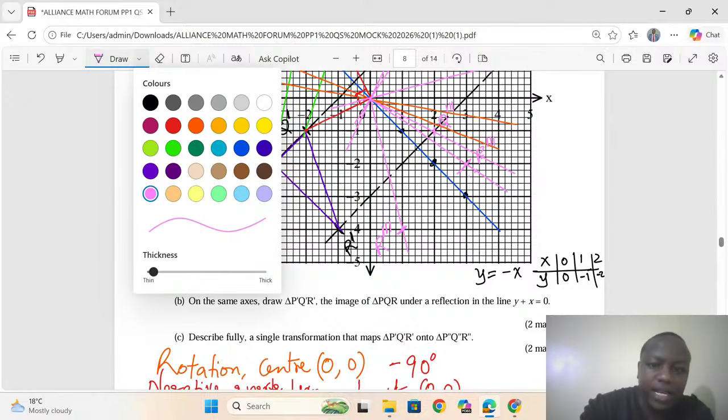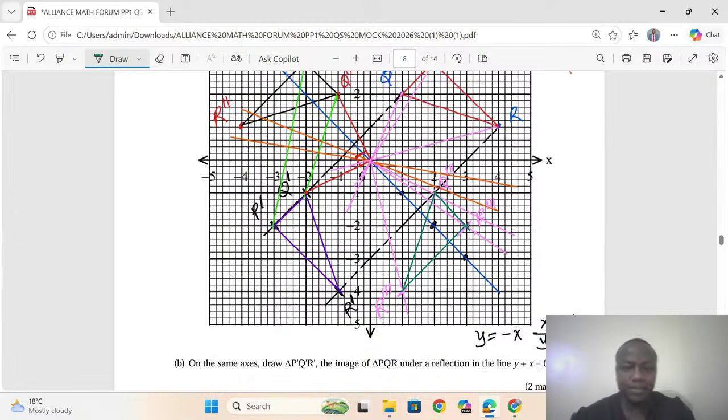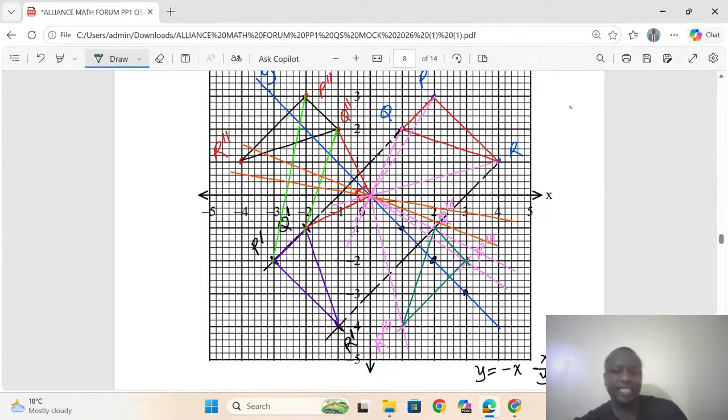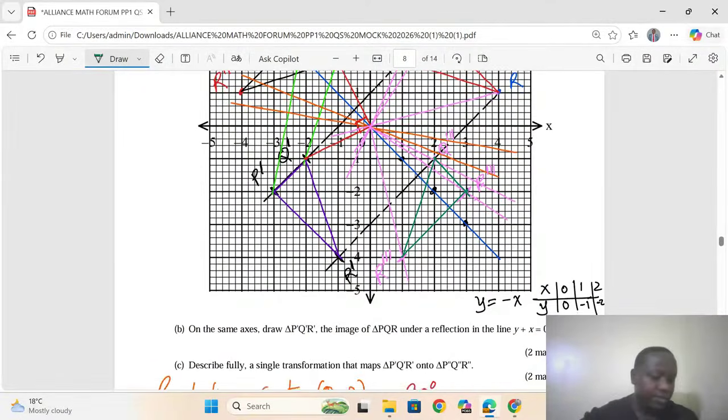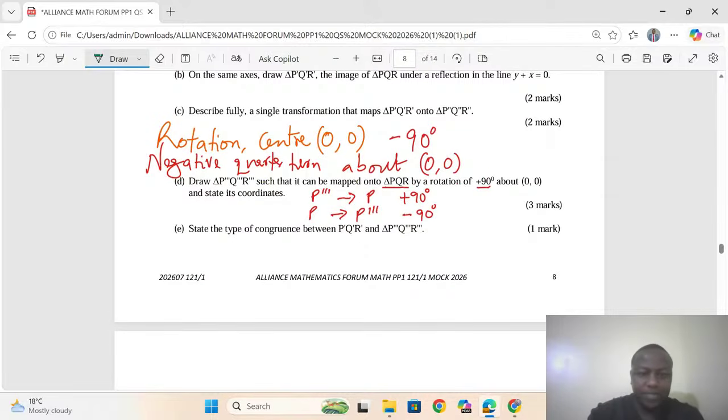Then now I can come up with my triangle P, Q, R. Exactly like that, the green one.